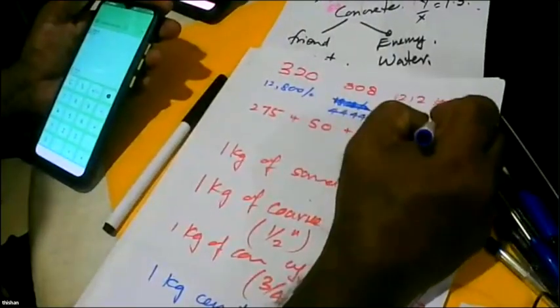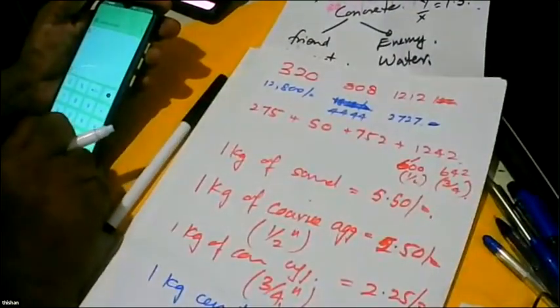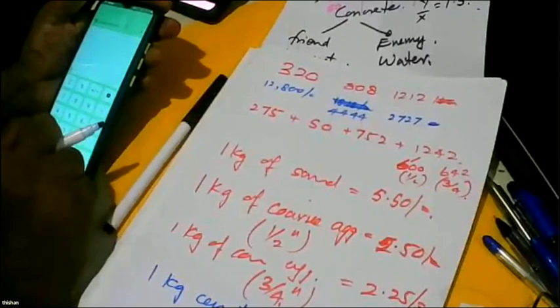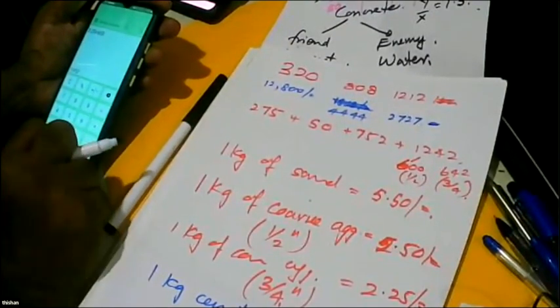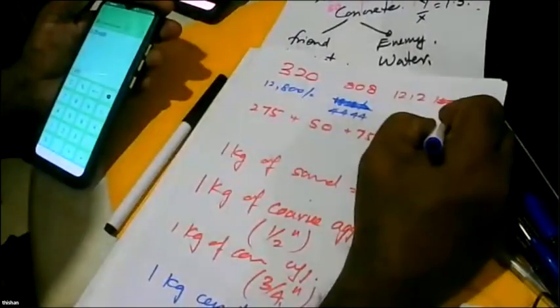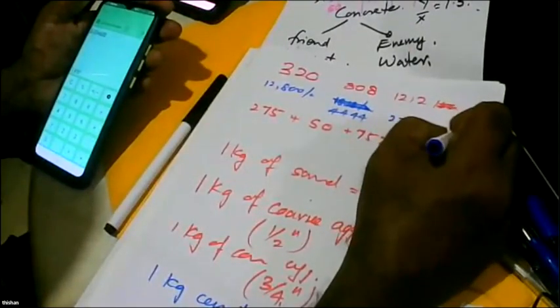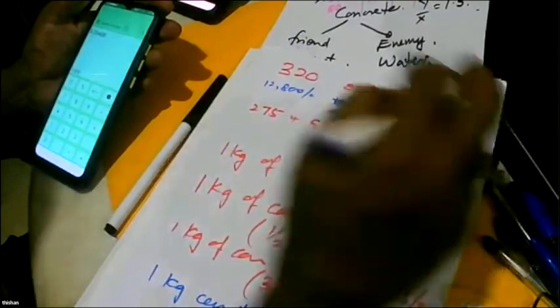Admixture cost will be 3.25 into 600. Admixture cost is 1950. It's a constant for both.